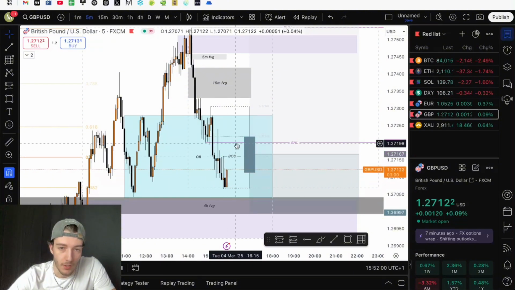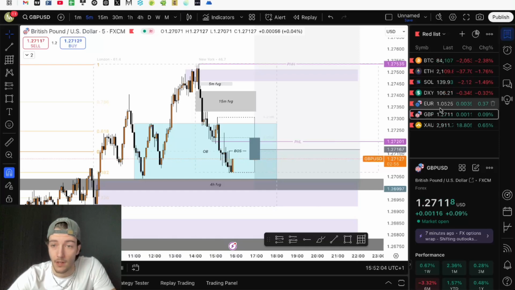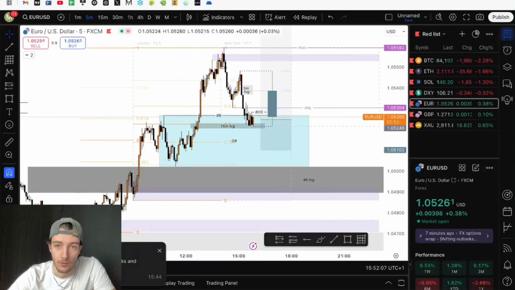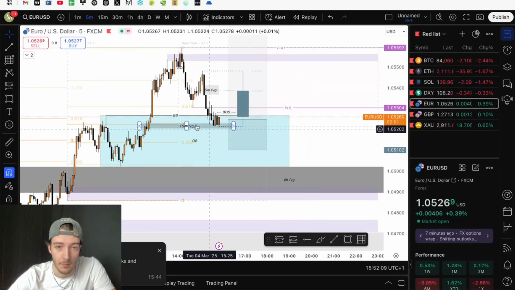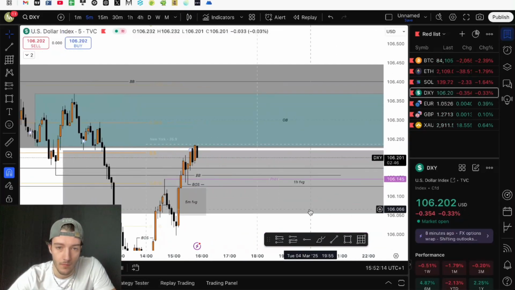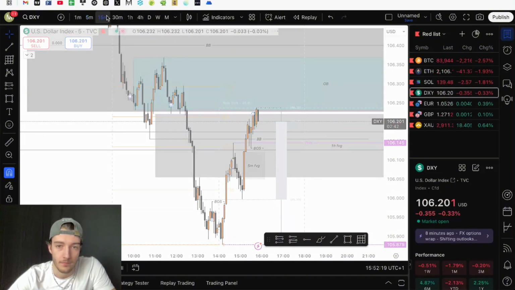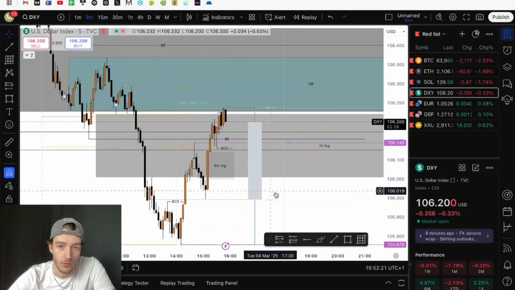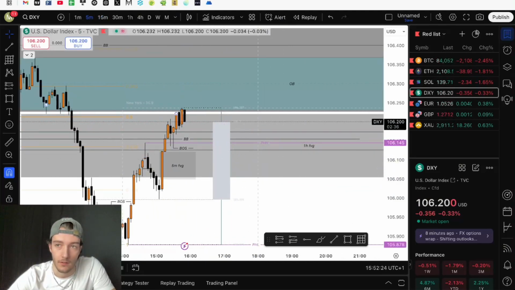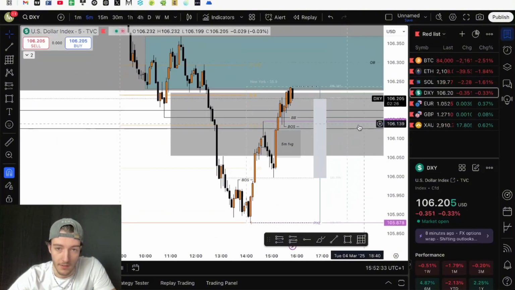If we would break structure here and close the 1 hour candle above this previous low, that would be very, very nice. But it should happen very soon, in the next 8 minutes. We are also about to break structure on the dollar, and same should apply here. So this 1 hour candle in the next 8 minutes should come below this previous hour high, ideally.